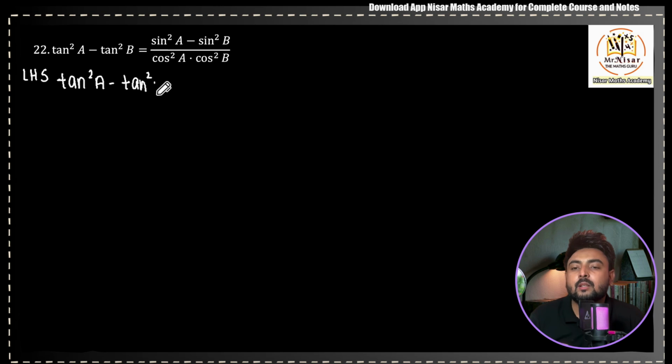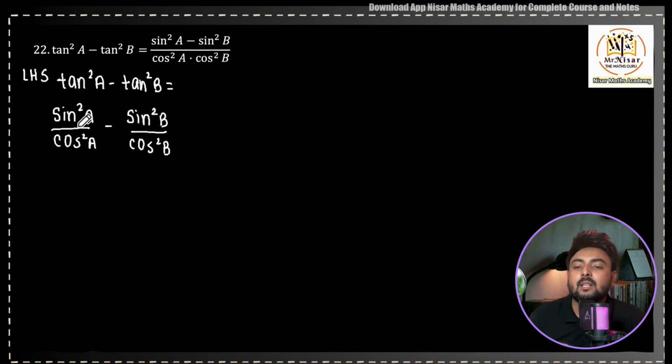So what we'll do here in the first step, tan can be written as sine by cos. So can I say sine square A upon cos square A? Tan I am writing as sine by cos. Here also it is B, so sine square B upon cos square B. Now these angles are different. You have to be very careful. What can be the next step? Denominators are not the same, so we'll cross multiply.